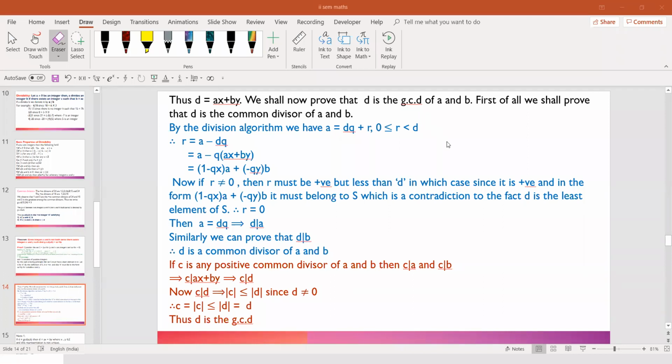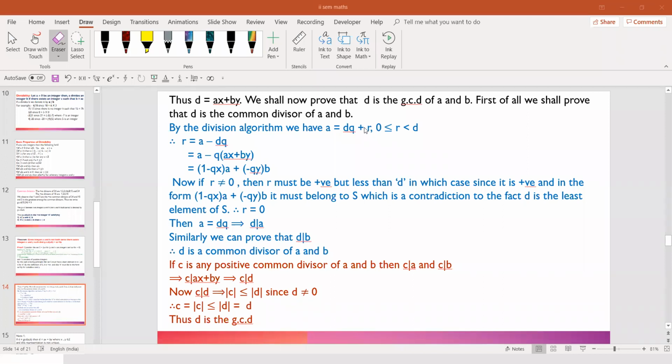So now I apply the division algorithm for A and D. The division algorithm says that A equals DQ plus R, where R is less than the divisor and greater than or equal to 0.